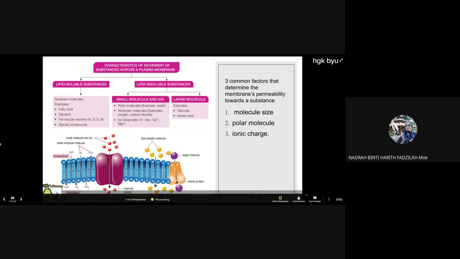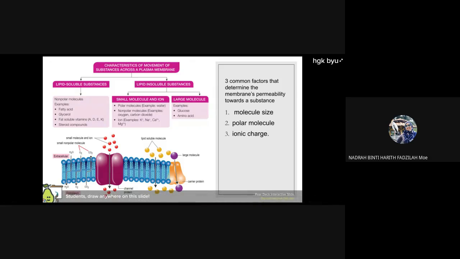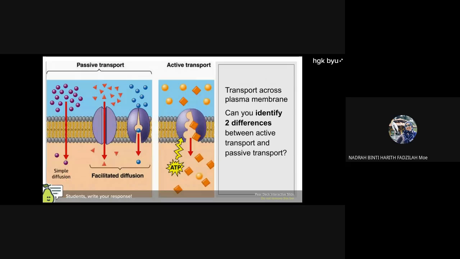Okay, let's try this. We know that based on these three characteristic, molecule size, polar molecule and ionic charge, ada beberapa pathway for substances to go in and out of the cell. In general, this type of transport can be divided into two groups.